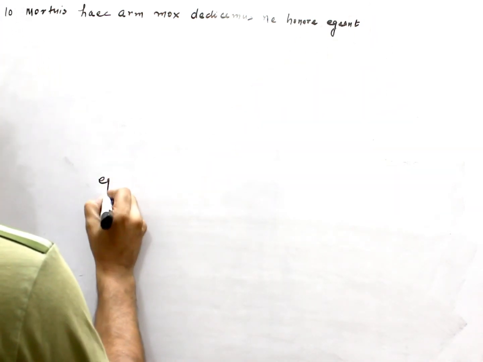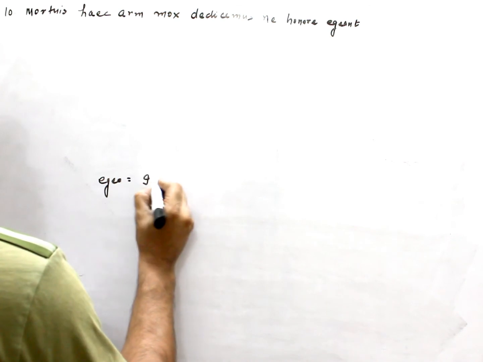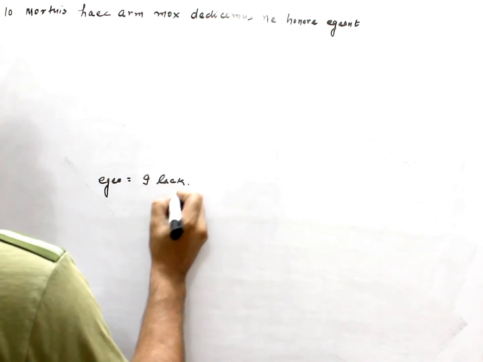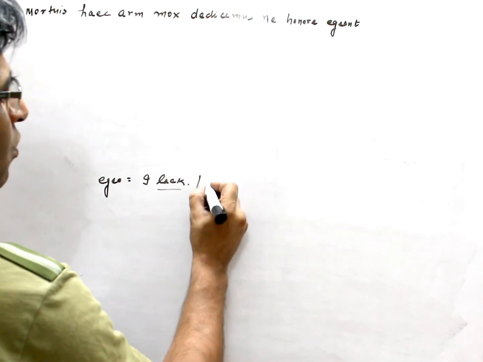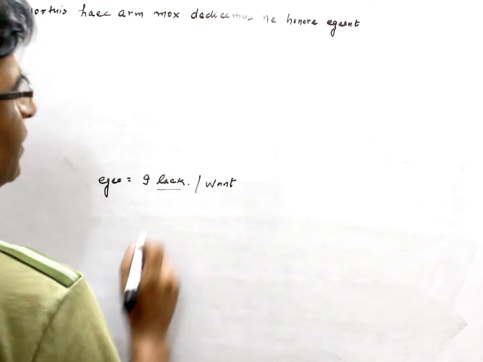So this verb is egeo, I lack, I lack or want.